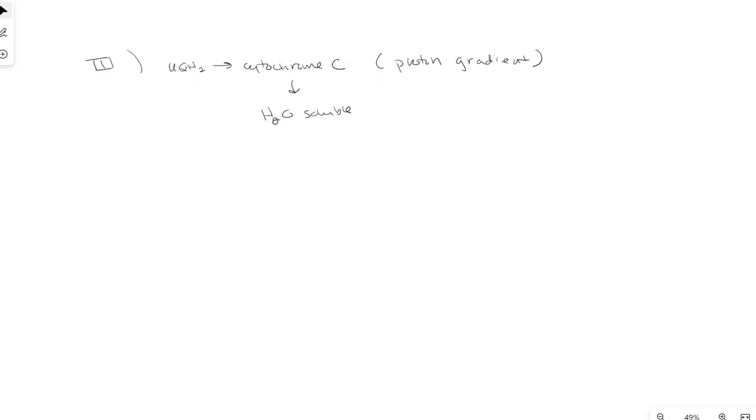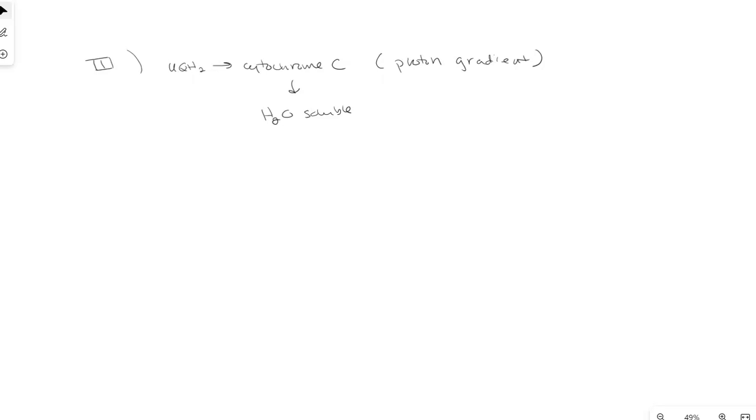So cytochrome C, like ubiquinone, is a mobile electron carrier, and it's associated loosely with the inner mitochondrial membrane in the inner membrane space, or the cytosolic side of the inner membrane. And it migrates along the membrane surface in the reduced state, carrying electrons to cytochrome C oxidase, the 4th complex.